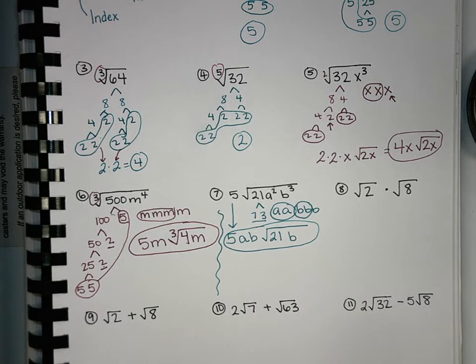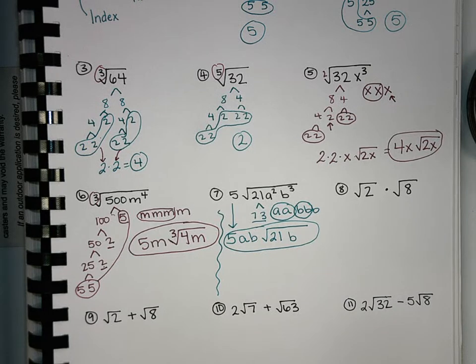Another thing you might want to learn or memorize is your perfect cubes, in other words, numbers that you get when you multiply a number by itself 3 times. What's 2 times 2 times 2? 8, so 8 is a perfect cube. What's 3 times 3 times 3? 27, so 27 is a perfect cube. 4 times 4 times 4? 64. 5 times 5 times 5? 125.